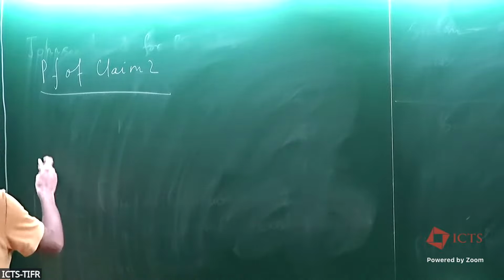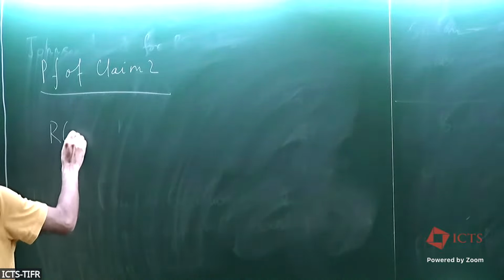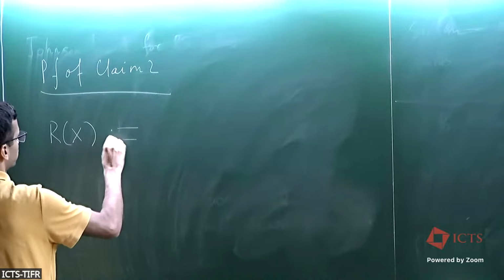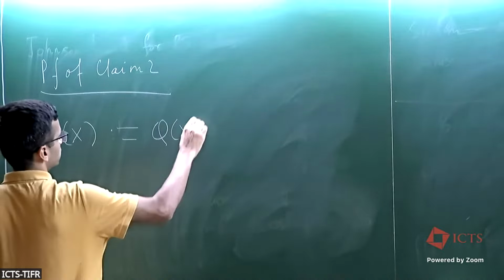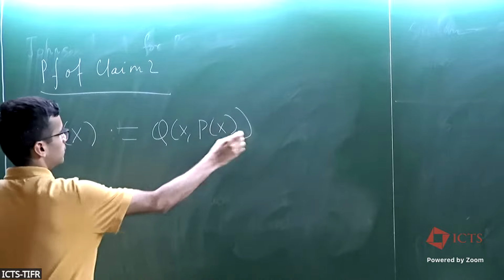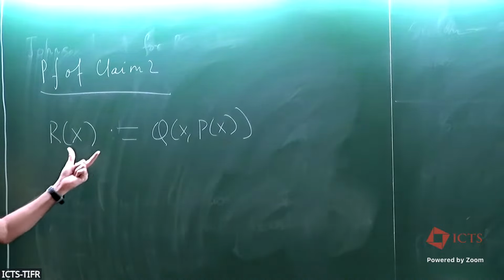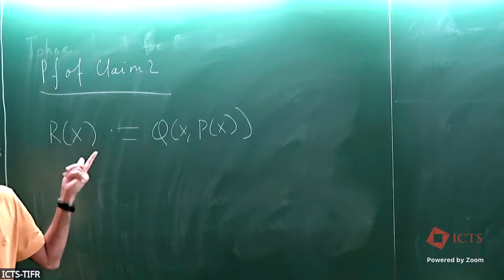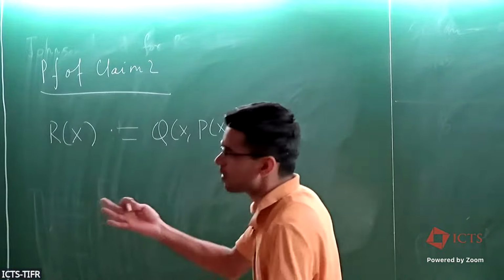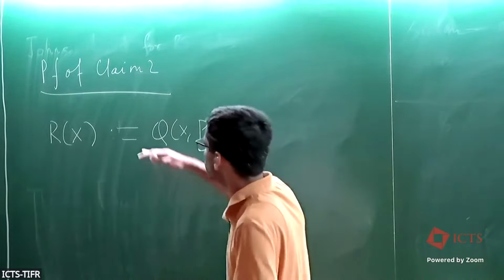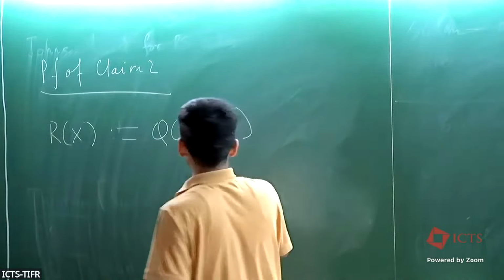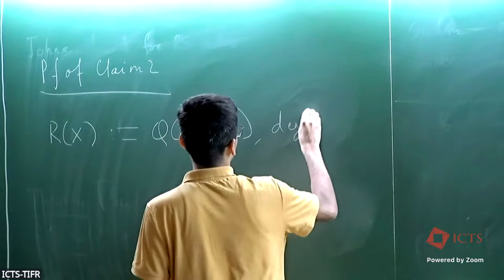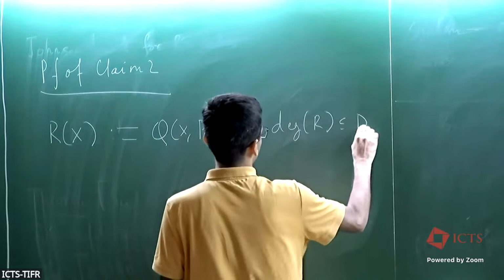The argument is going to be very similar to Berlekamp-Welch. Let R(x) be defined as Q(x, P(x)). This is a univariate polynomial. What is the bound on its degree? The parameter capital D was chosen so that the degree of this doesn't exceed capital D. So the degree of R is at most capital D.